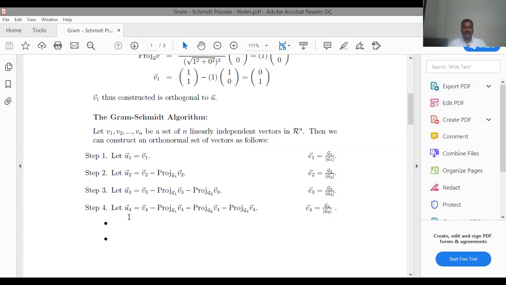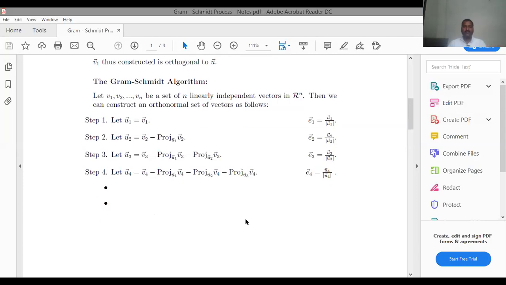Now I think you got the sequence. So for the fourth vector, we project onto the space spanned by the three already orthogonalized vectors, v1, v2 and v3. So v4 bar equals u4 bar minus the projection on v1 bar, on v2 bar, and on v3 bar, and so on.